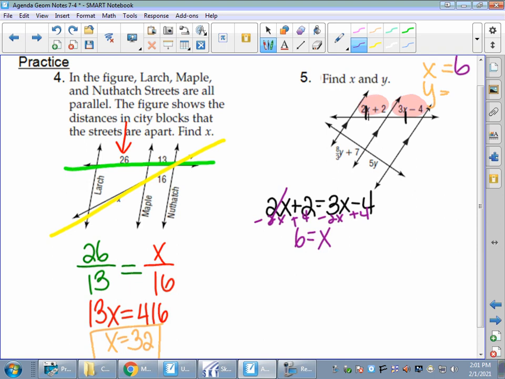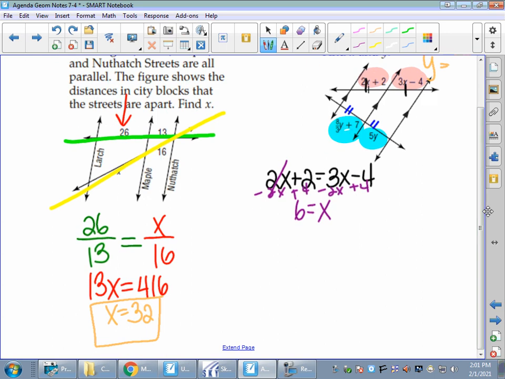Here's the thing. What am I going to do about the y's? My y information is all down here. So for my y's, because the two top parts were congruent and it was given to me, these two parts have to be congruent, and I can just set myself up another equation. It looks to me like 8/3 y plus 7 has to be equal to 5y.